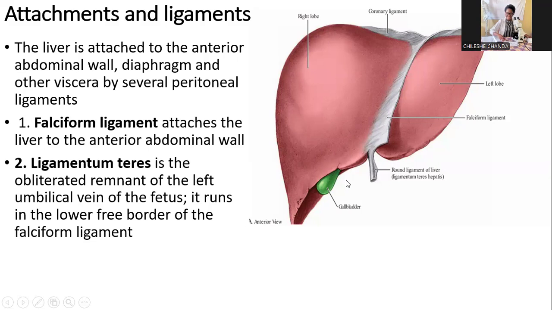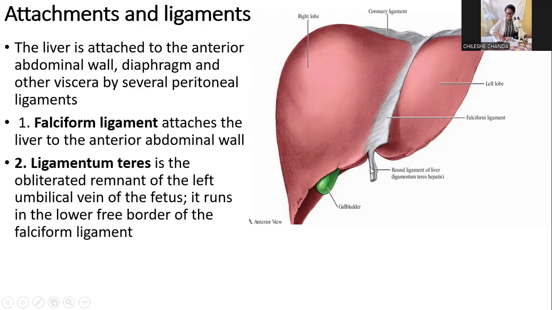And then we have the ligamentum teres, that is the roundish portion coming off of the falciform ligament. It's like a string. So this is the round ligament or ligamentum teres. Teres means round.